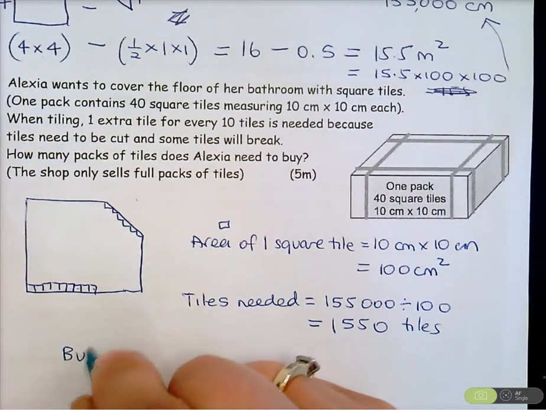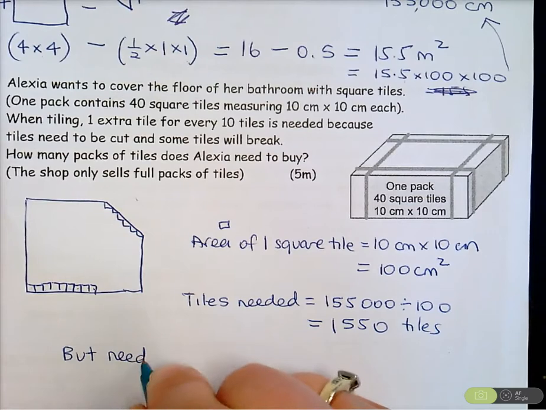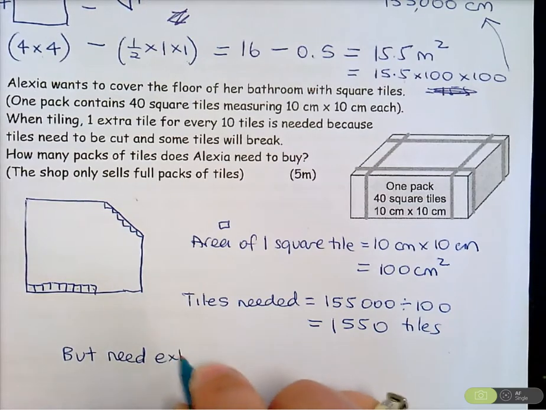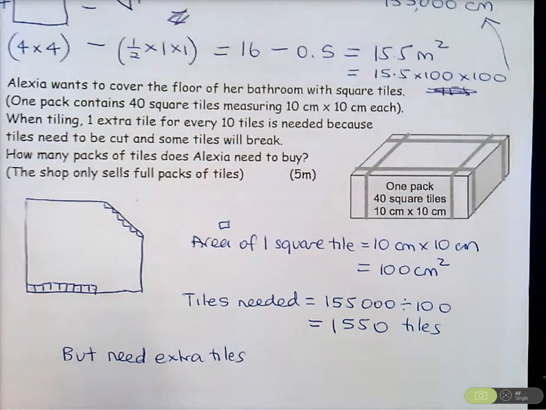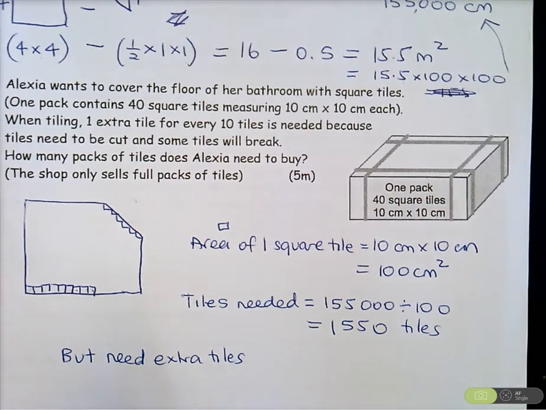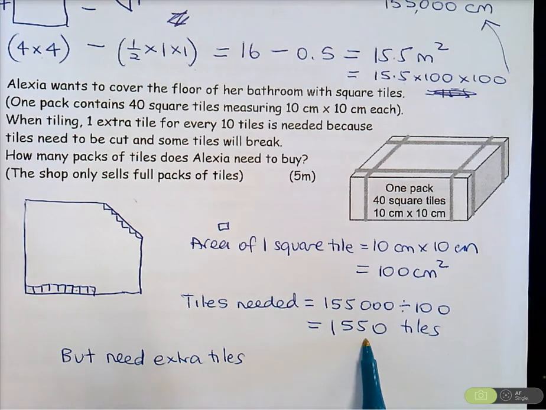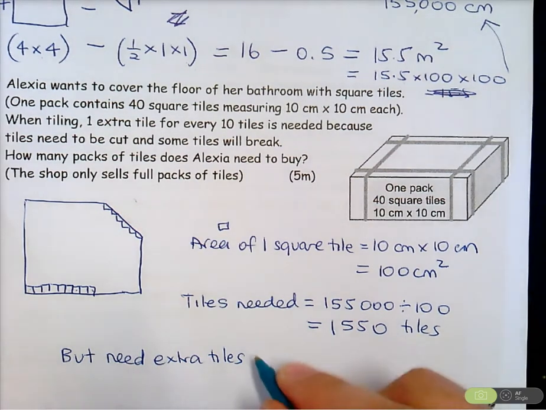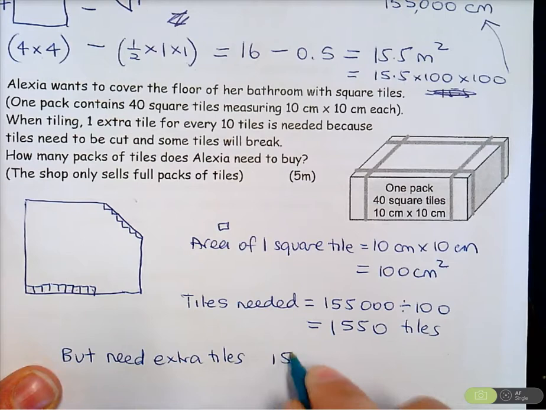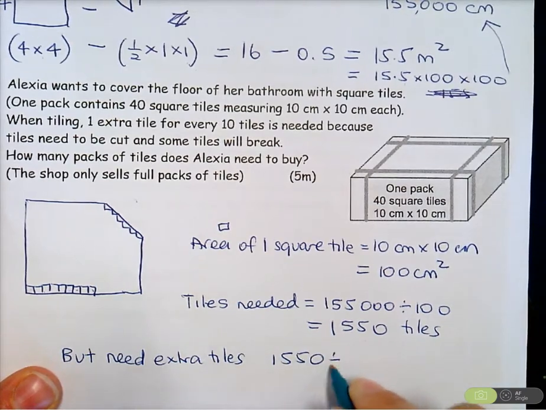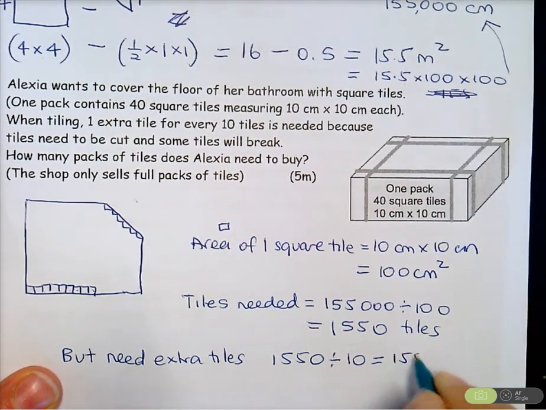But we need extra tiles in case they break. Now, it says one extra tile for every 10. So if you really need 1,550 tiles, how many of those could break? What are you going to divide this number by? 1,550 divided by 10.